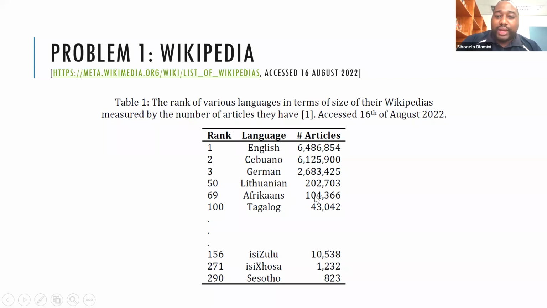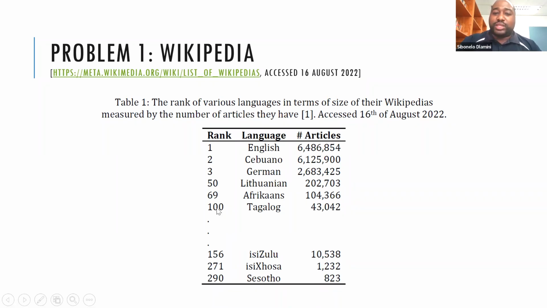But if you compare the number of articles to the number of articles in English, you can see there's a massive gap there. And then we go to our other official languages. For example, isiZulu is number 156, and it only has 10,500 articles. IsiXhosa is 271, and it has 1,200. IsiSotho, even less. It doesn't even have 1,000. So this is problematic.